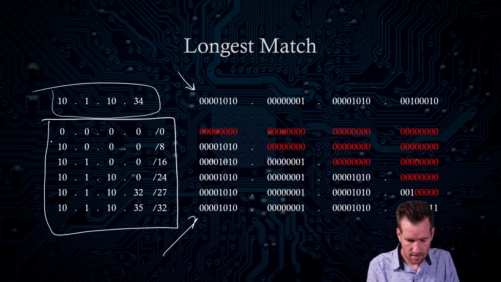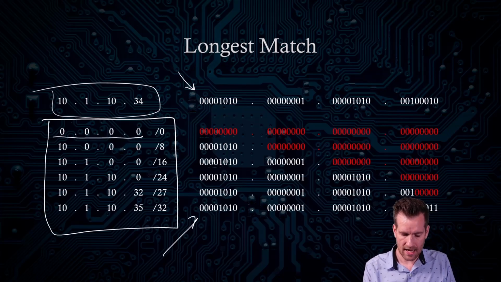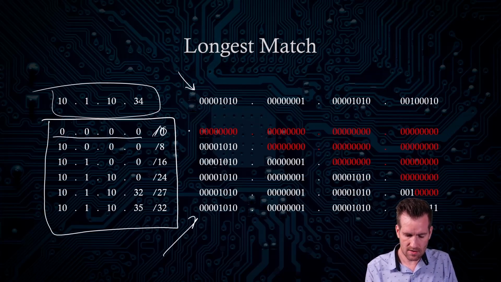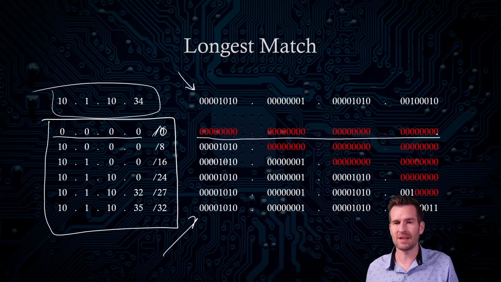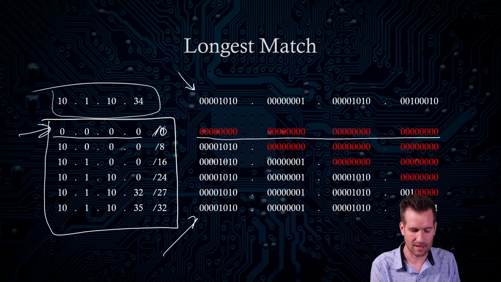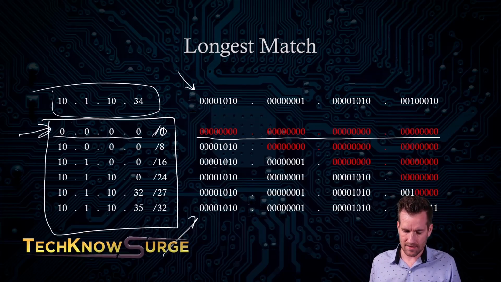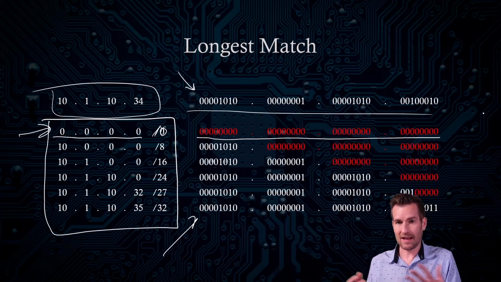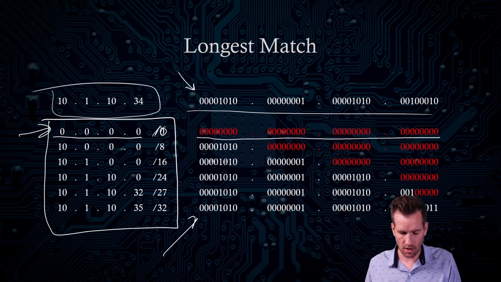And this quad 0/0, this /0 says that nothing really needs to line up. So all the red means that nothing really needs to line up to match this statement, to match this route. And so if we look at this, of course, none of it needs to match, so we're good to go.